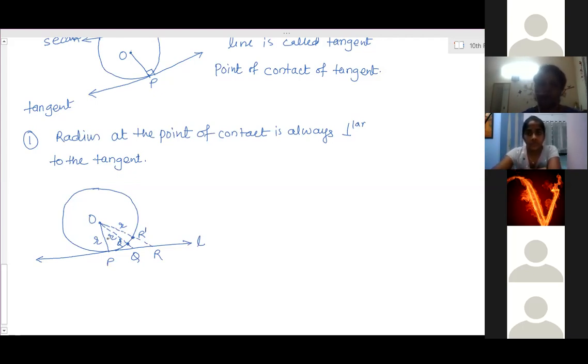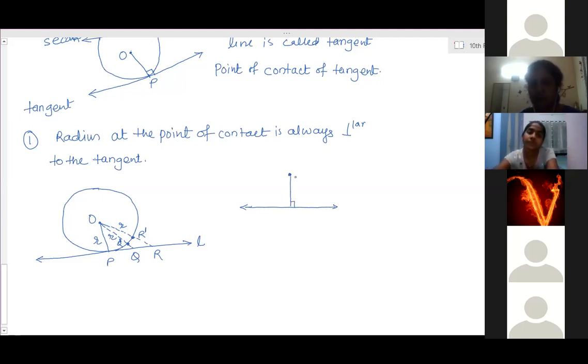Now if you compare OP, OQ and OR, which is the shortest? OP. OP is the shortest, right? We have to show that. Now any line and a point outside the line, what is the shortest distance between these two? Perpendicular. When we are counting the distance of this point from this line, we don't count this diagonal distance. We count the perpendicular distance.